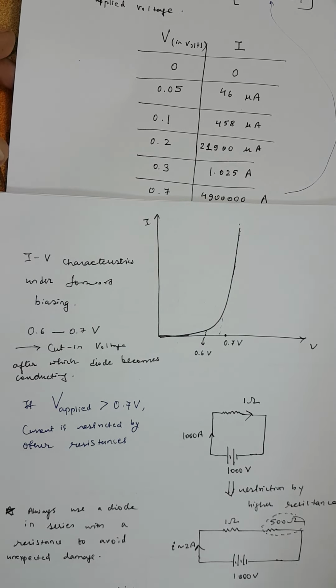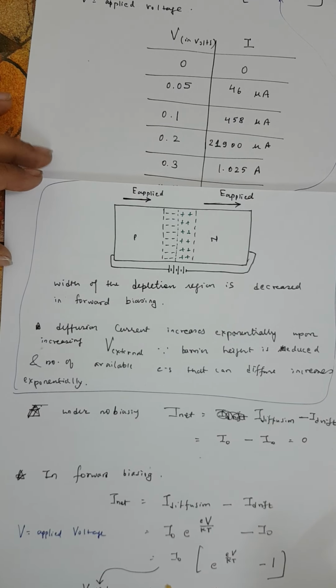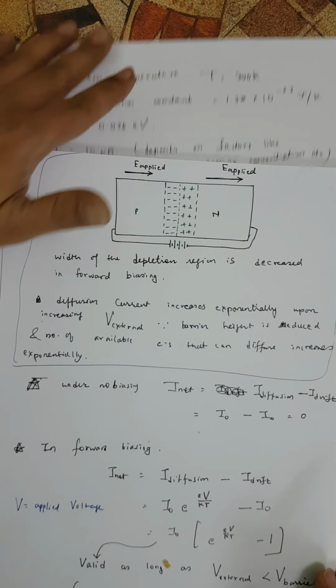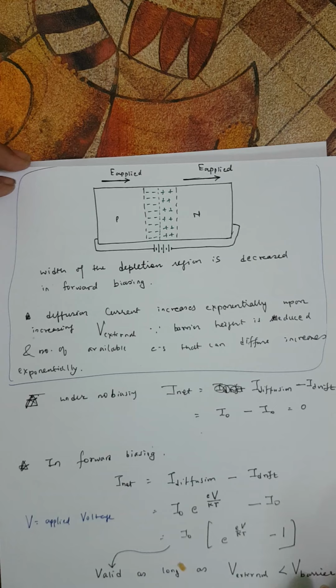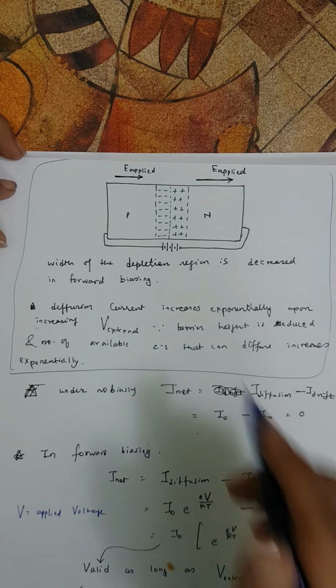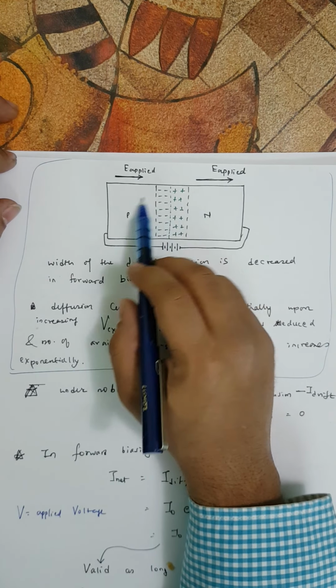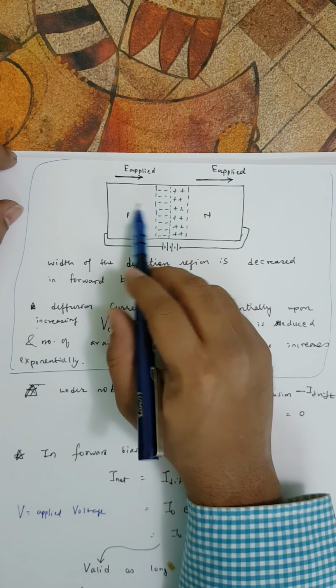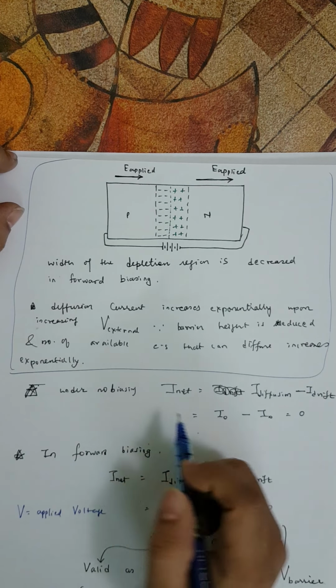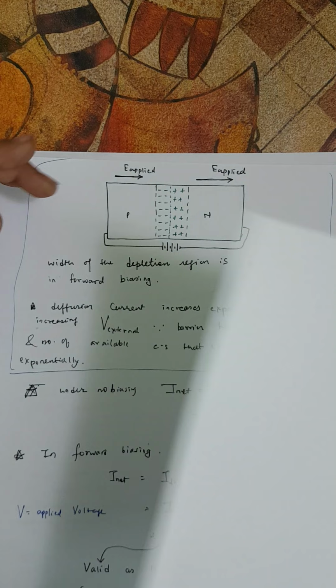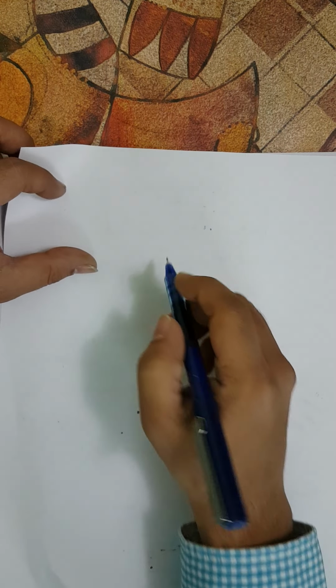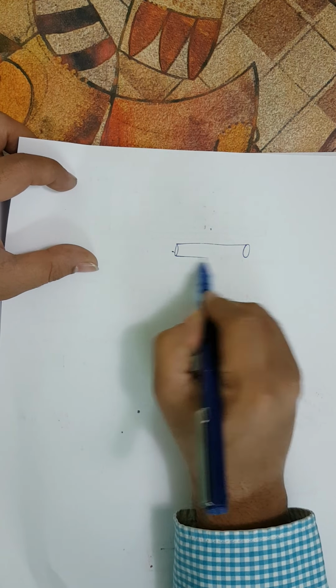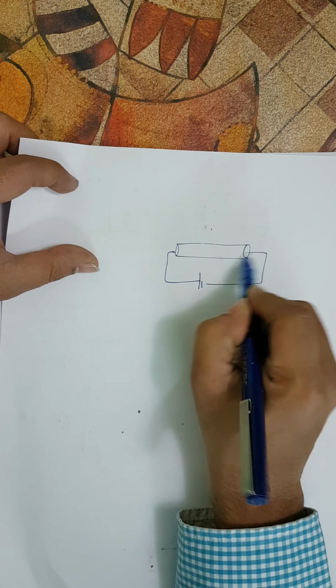There are a few more things about the forward biased characteristics. We came to know that the electrons can diffuse from n side to p side like this, and there is a diffusion current here. So what does the battery do? If you see a normal conductor, when we apply a potential difference across it, the current starts to flow.